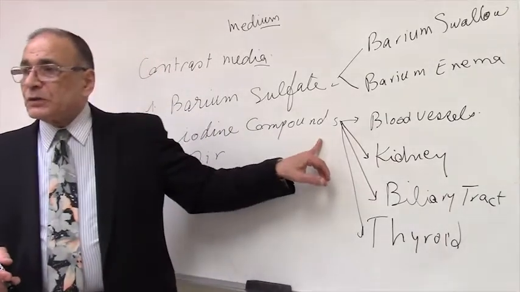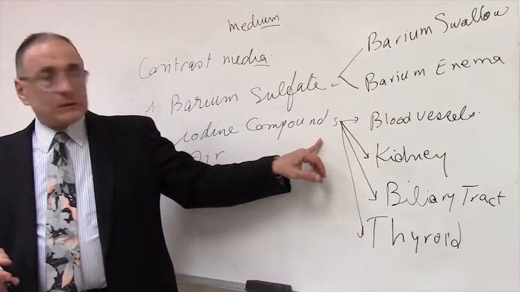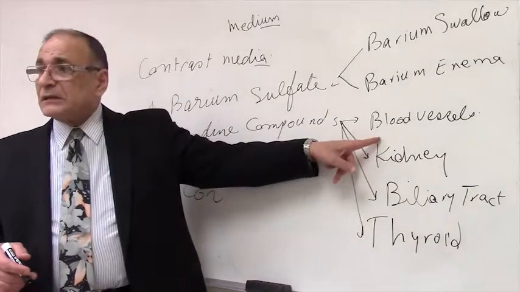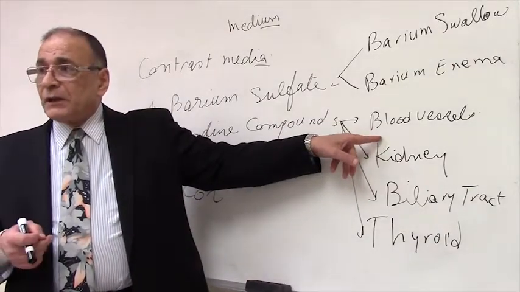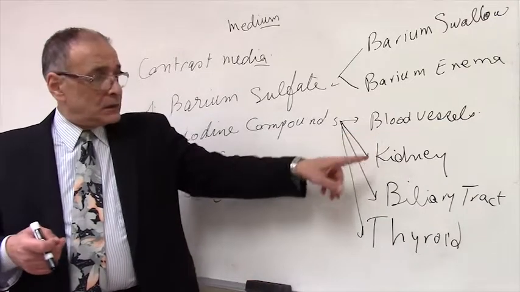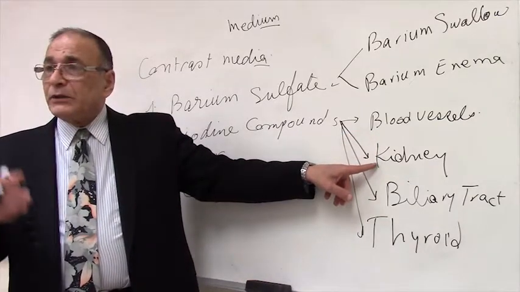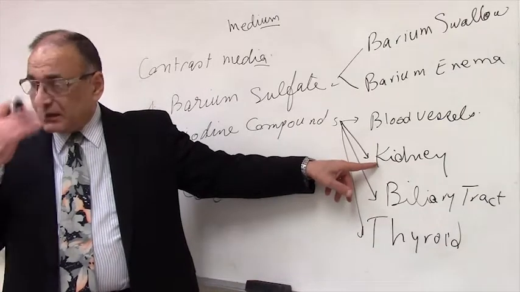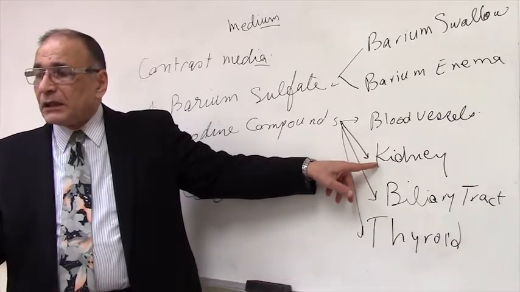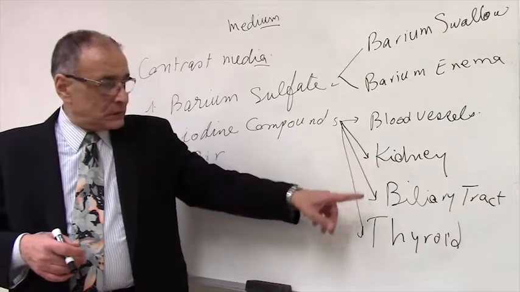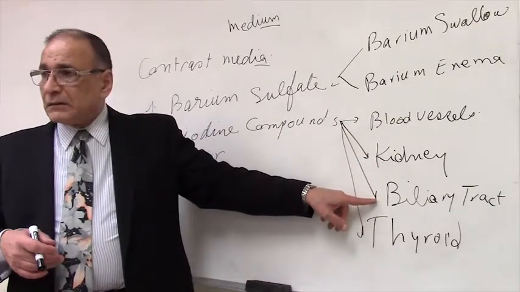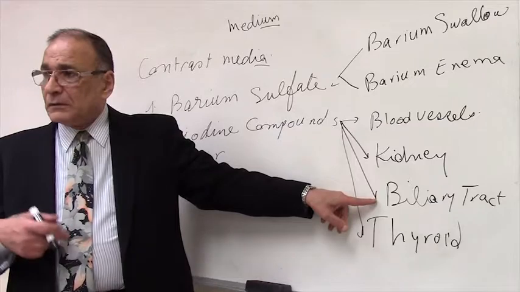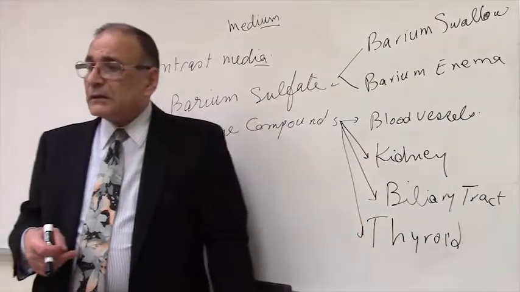What is the purpose of using iodine compounds? To look inside the blood vessels, or the kidney and urinary tract in general, not just the kidney, but the ureter and bladder. Also the biliary tract, liver, and thyroid.